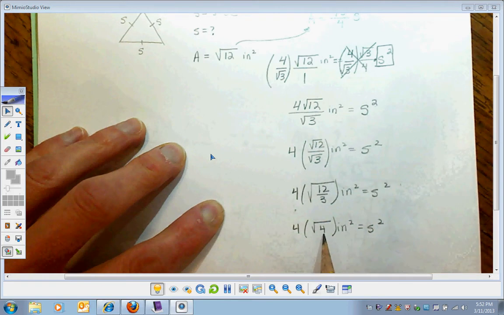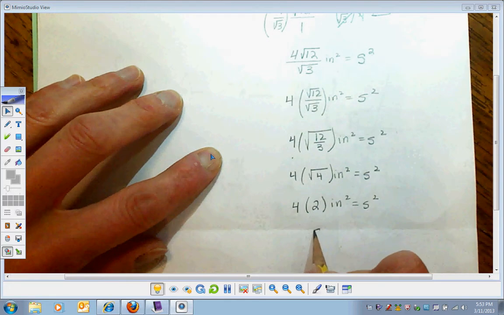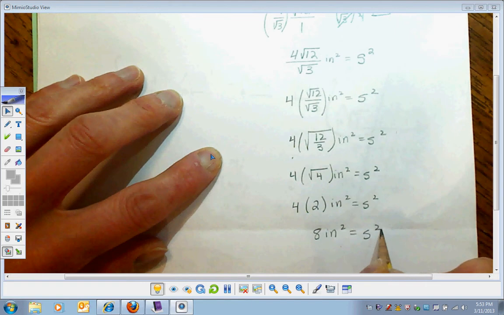And the square root of 4 is 2. So then that gives me 8 inches squared is equal to the side squared.